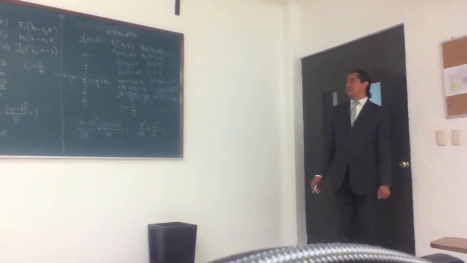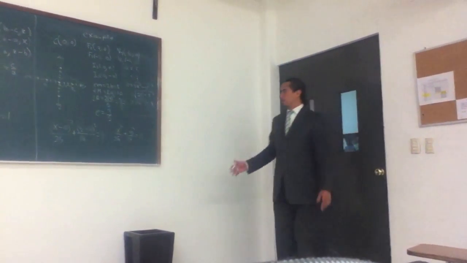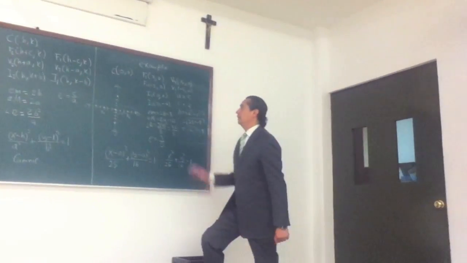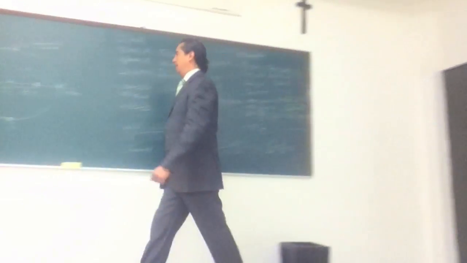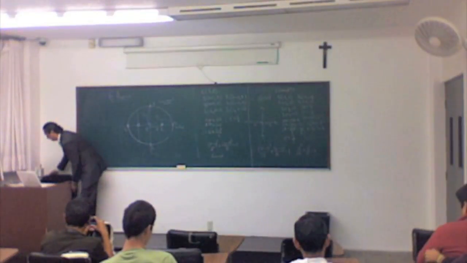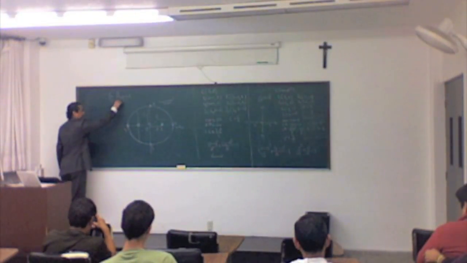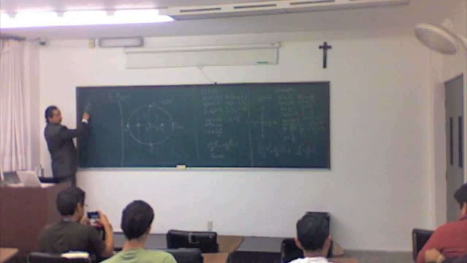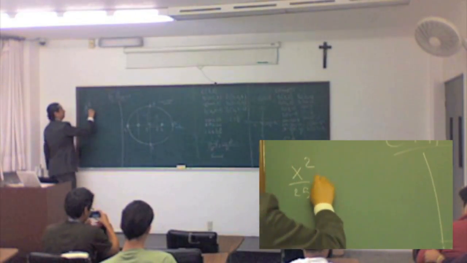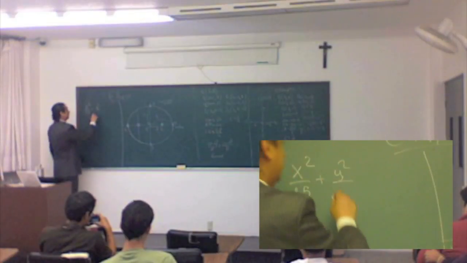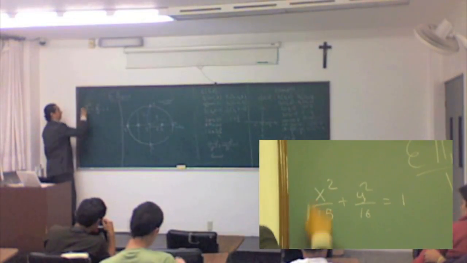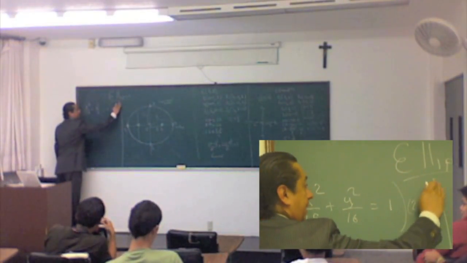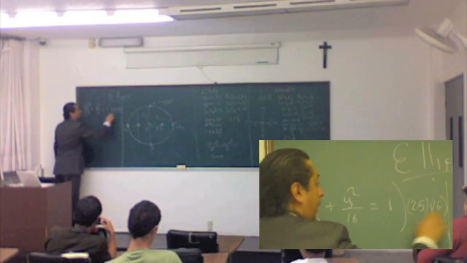If we want the general equation, we multiply by 25 times 16 to find the general equation.